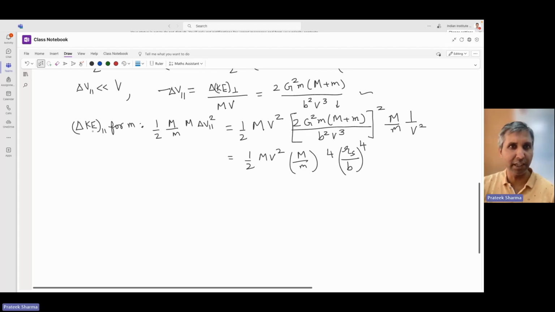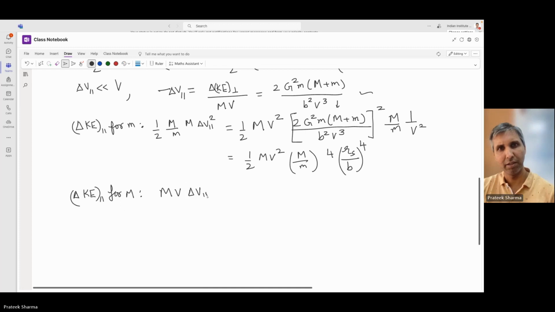So this is the change in kinetic energy in the parallel direction for capital M, retaining only the leading order term. That's just m V delta V parallel, right?